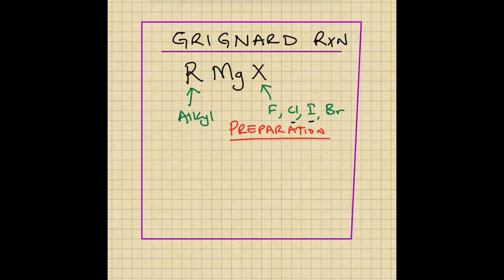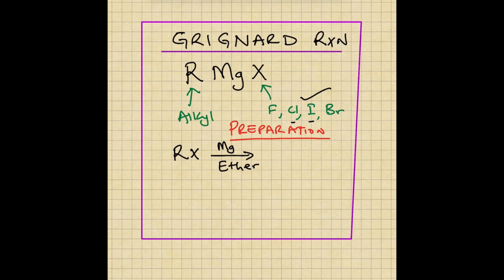The question now is, how do we prepare Grignard reagents? In order to prepare Grignard reagents, you start with the corresponding alkyl halide. Remember, the halide could be any of these here. And then you react that with magnesium metal in ether.